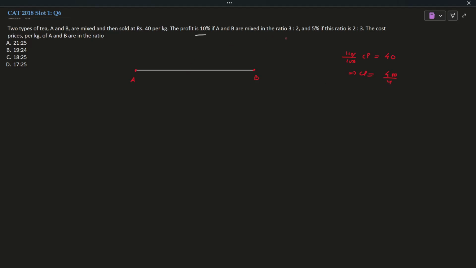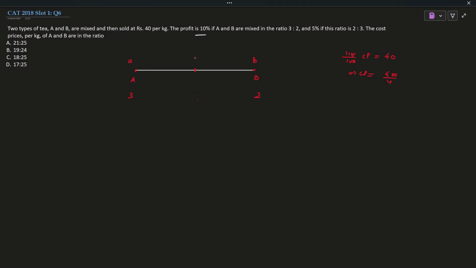When A and B are mixed in ratio 3:2. Let's say the average prices of A is A and B is B. Average cost price, 10%. So 110 by 100 into CP is 40. So 0 gets cancelled. 400 by 11.